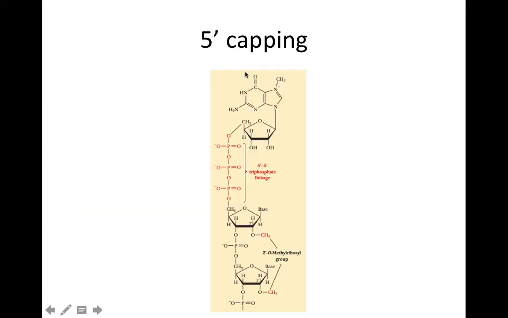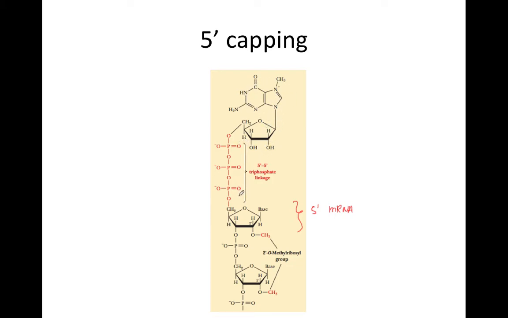So here is the 5' cap. If you will find, this is your guanine, this is the sugar group, and this is its phosphate group. This here is the 5' base of our original mRNA, its 5' end, and here is the capping. So there are two phosphate groups, the sugar group and then your guanine.